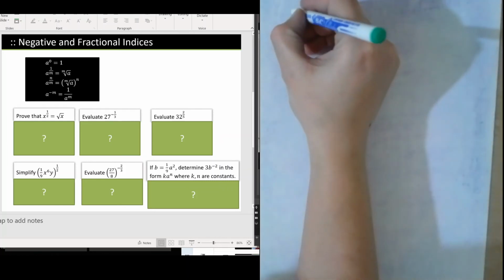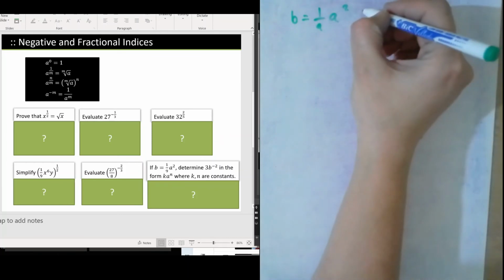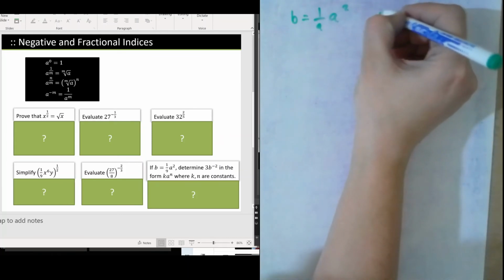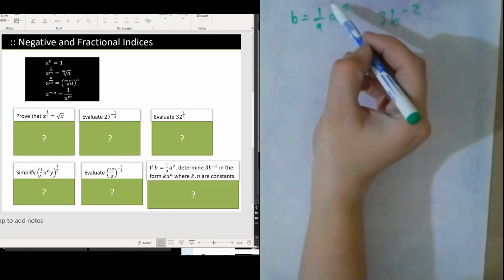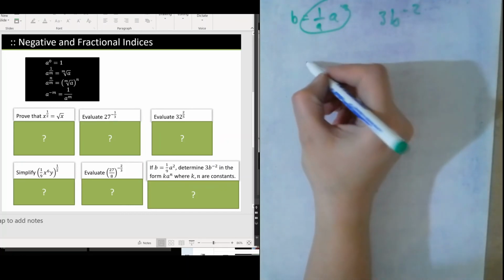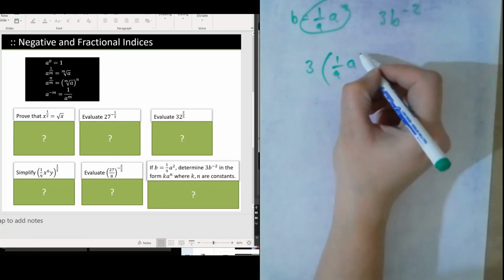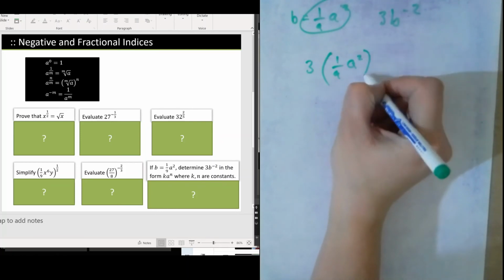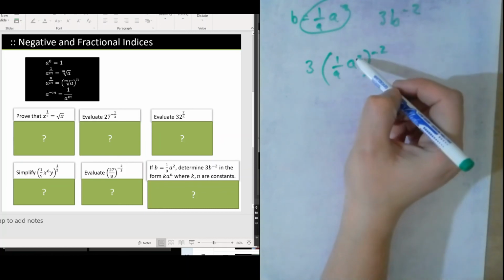So they've got b equals 1/9 a squared, and they are saying you need to find out what this is in terms of this. So instead of b, I'm going to put this. So I've got 3, and I've got 1/9 a squared, and then this to the power of negative 2.